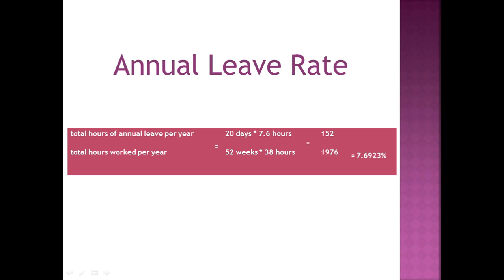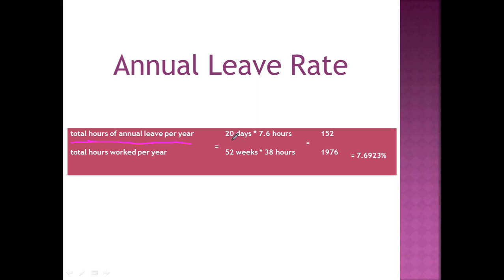So over on this other screen you can see the annual leave rate, and the annual leave rate is a calculation of total hours of annual leave per year divided by total hours worked per year. Okay, so it's just a simple calculation.